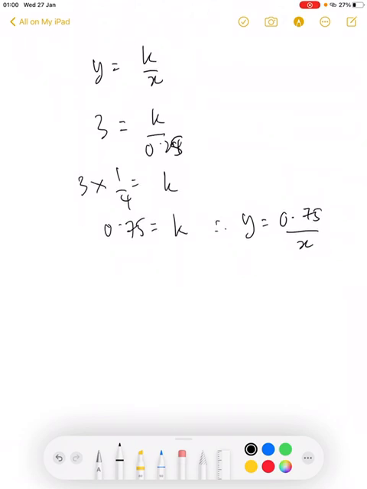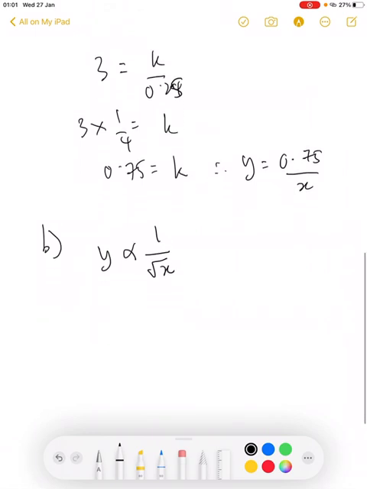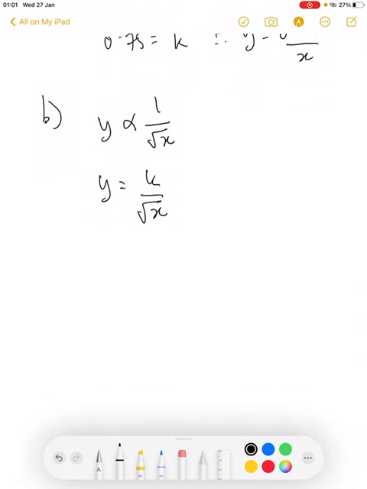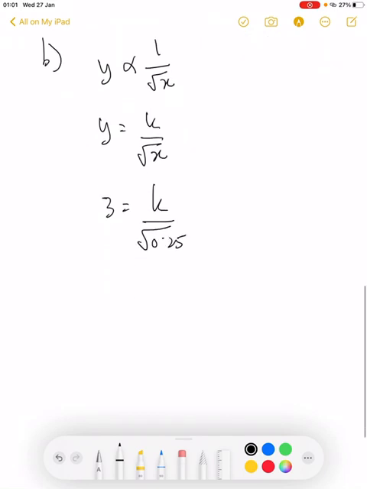Next, part B: y varies inversely as the square root of x. So y equals k over the square root of x. Y equals 3, and the square root of 1 over 4 becomes 1 over 2.